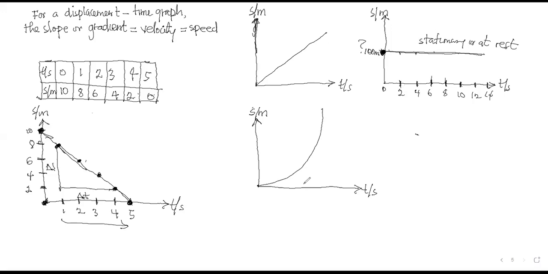So this is a graph of a stationary body. So when the slope is 0, the velocity or speed of the body is 0. And when your speed is 0, then it means you are not moving. You are not even walking.